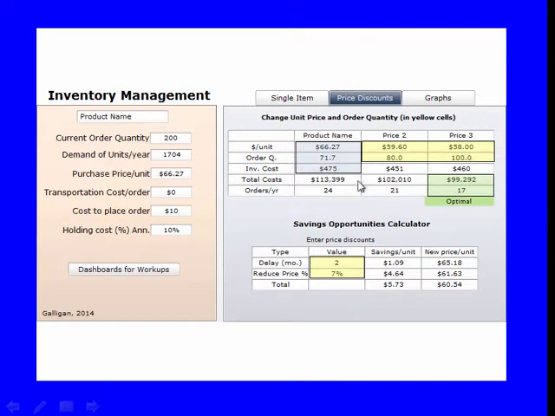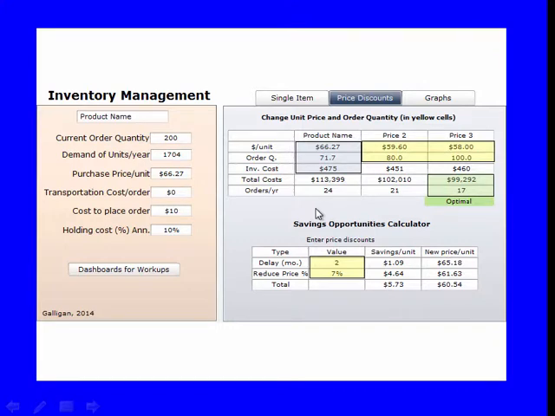So in this case, purchasing 100 units of the input at $58 per unit is cheaper than ordering around 72 units where the unit cost is $66 per unit after we consider the inventory storage.